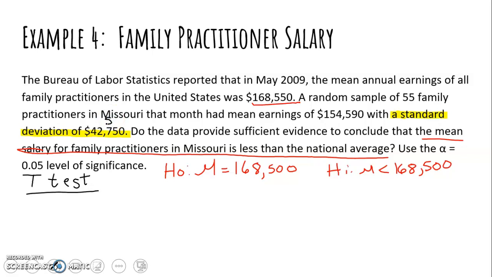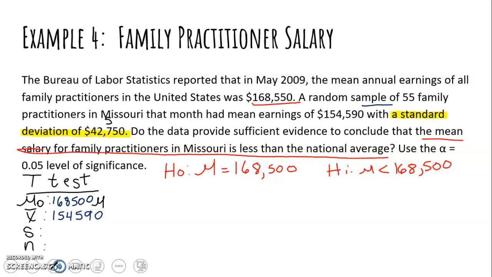Now when you run this test, which I'll pull the calculator up for in a moment, it's going to ask you for the null. It's going to ask you for X bar, for S, for N, and for your alternate statement. So our null was 168,550. Our X bar is our sample mean, so the sample mean of 55 family practitioners in Missouri was $154,590.